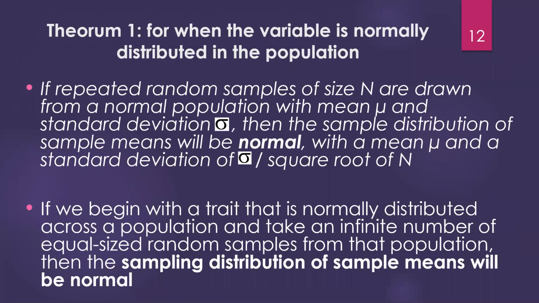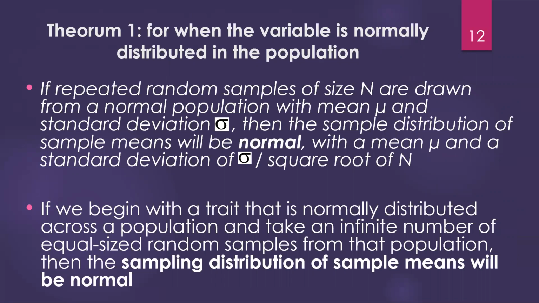Okay, so two rules or theorems is the term used in the reading. Theorem number one, and if you're taking notes, don't necessarily feel like you need to write down this whole thing because it's also in your reading. Theorem number one is for when the variable is normally distributed in the population.